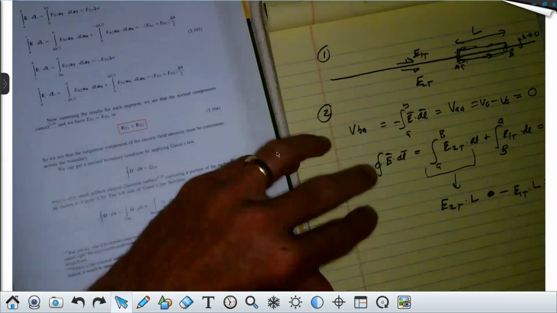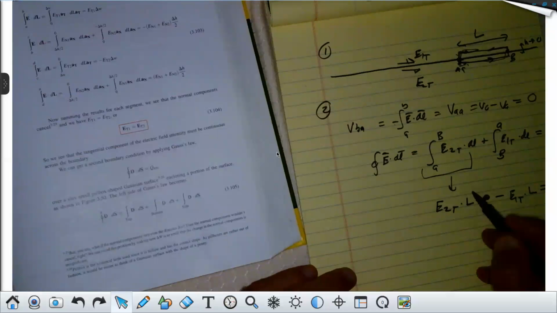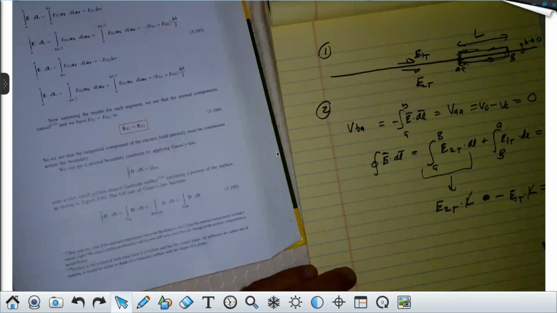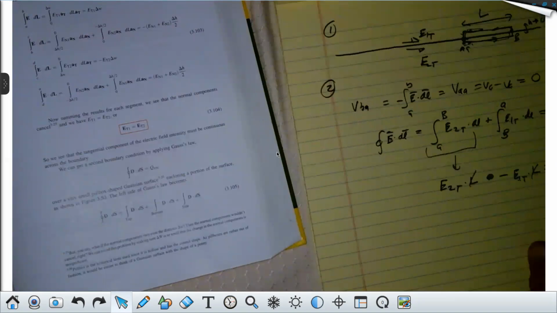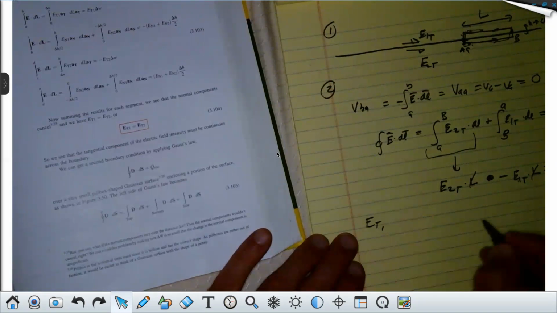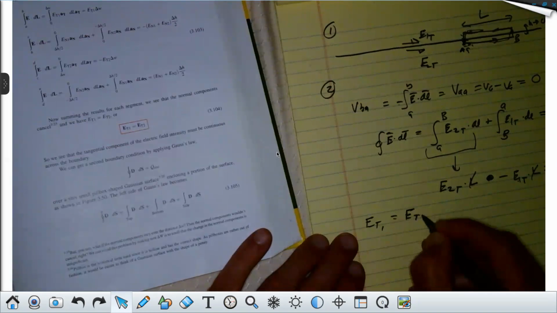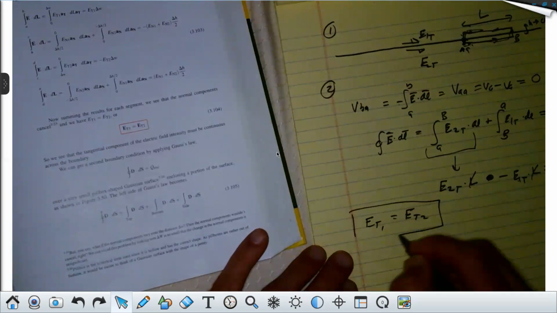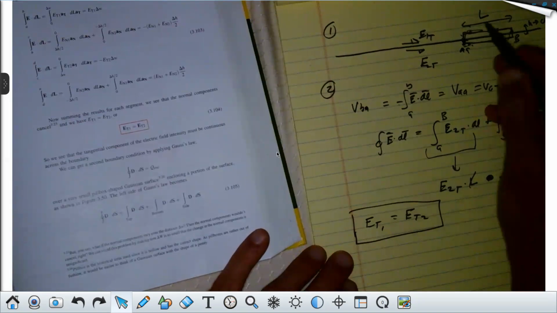And here's the upshot of it. I can get rid of the L's and I can take E1 tangent to the other side. So what you're going to see in his book is E tangent in region 1 has to be equal to E tangent in region 2 in order for the voltage around that closed loop to be 0.